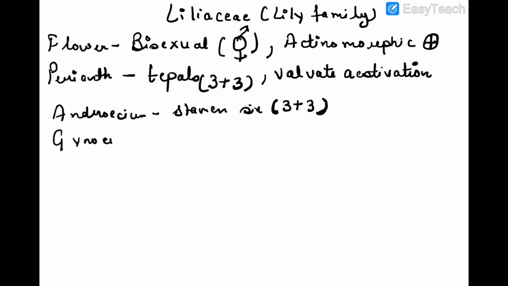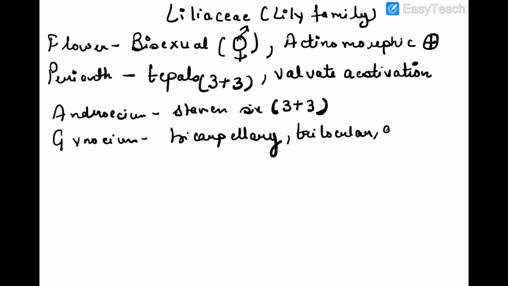Gynoecium, it is tricarpellary ovary, which means having 3 carpels. Gynoecium has 3 carpels, which is also trilocular and having axile placentation.